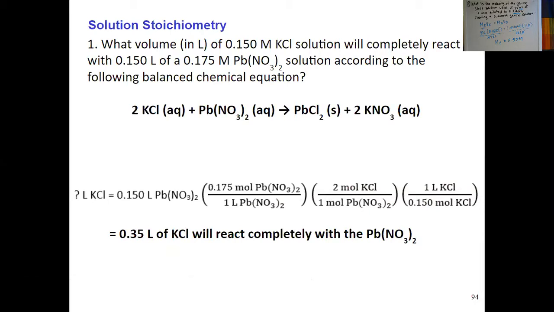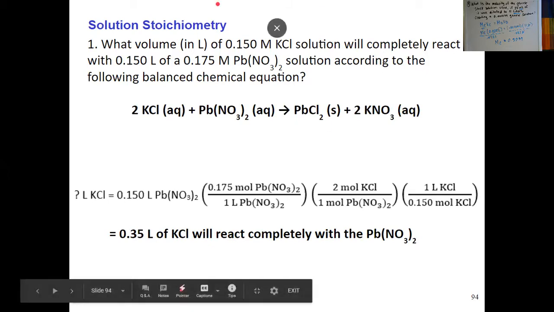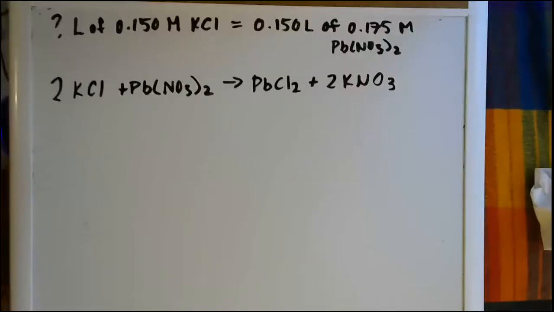But some people do not like to do it in one step, so I do want to write it out on the whiteboard in multiple steps. Okay, and then you can decide which way works better for you. So here's a shorthand version of what we're looking at. If you want to break this up into steps, we can do that as well.